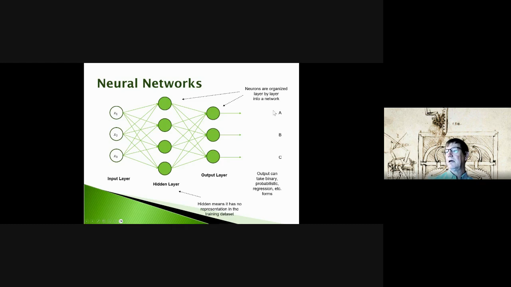This might map to cars, pedestrians, bicyclists, and we would want this to be an explicit decision. That's a 1 if it's a car, and 0, 0, or this one's a 1 if it's a bicyclist. A lot of times we don't want to be so blindly certain about things, right?